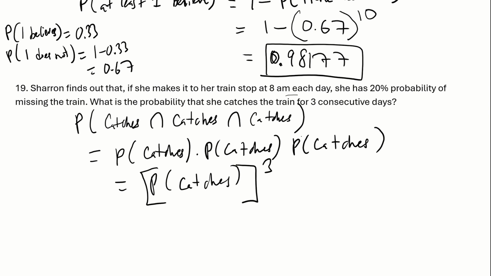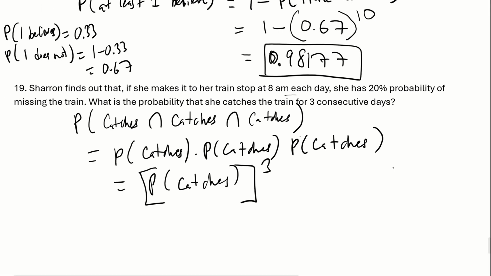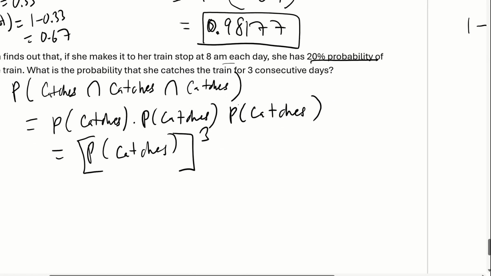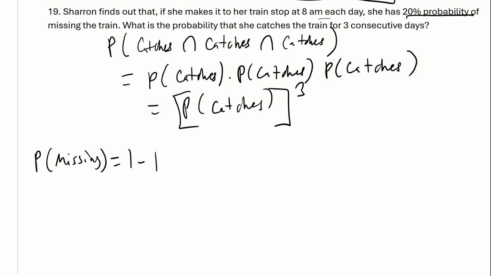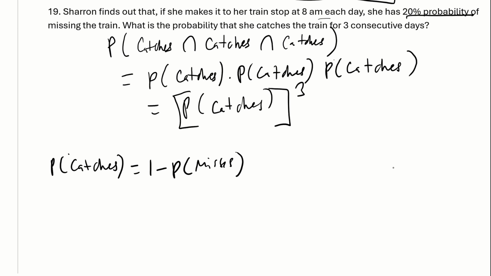Okay? But what's the probability that she catches it on a particular day? Well, it says she has a 20% chance of missing the train, right? So the opposite of missing the train is you make the train. In other words, the probability that she catches the train is 1 minus the probability that she misses the train, right?